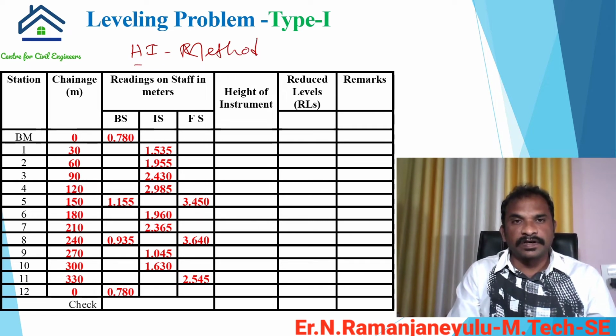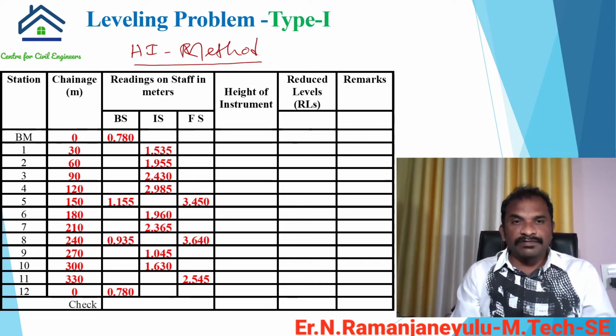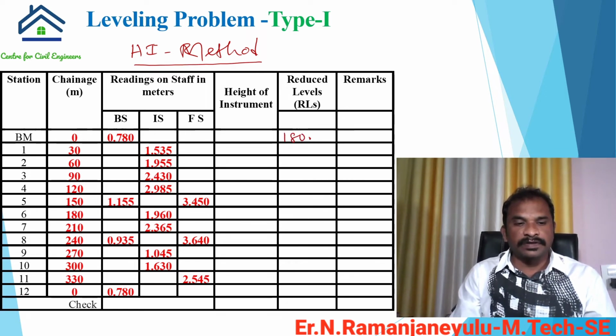This is the HI method. We already know how to enter all these values in a table form. The HI, the reduced level of the first point, is the first reduced level given in the problem, that is 180.750. This is the RL of the benchmark.